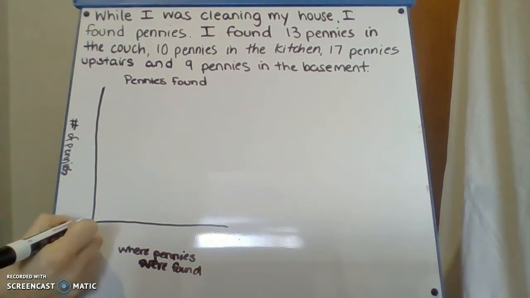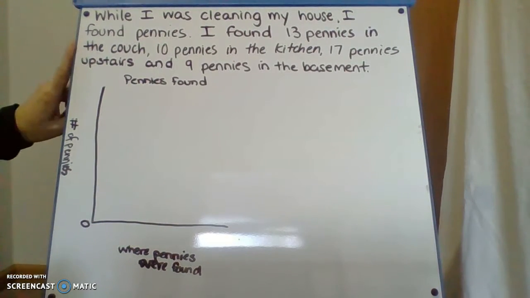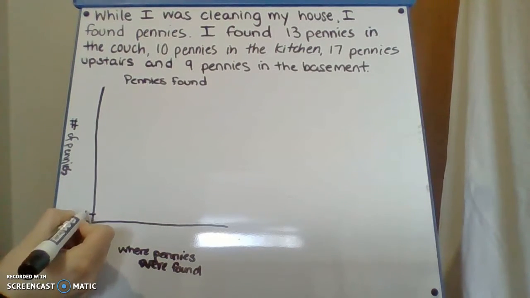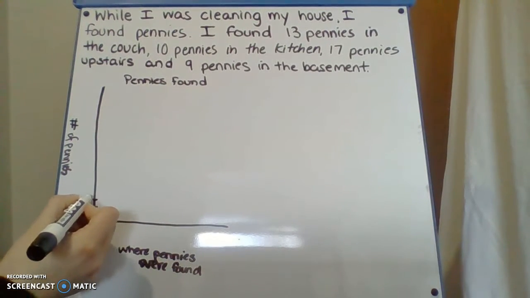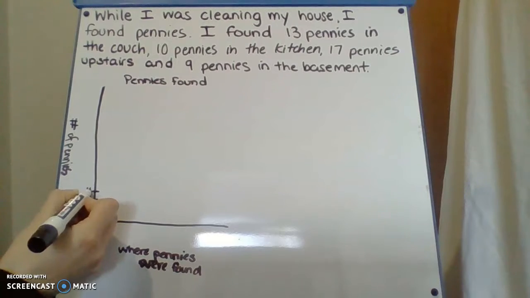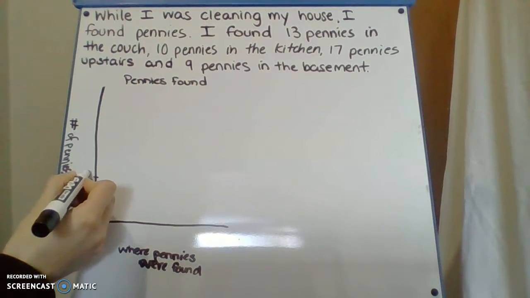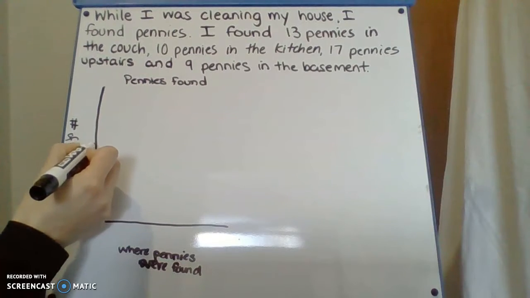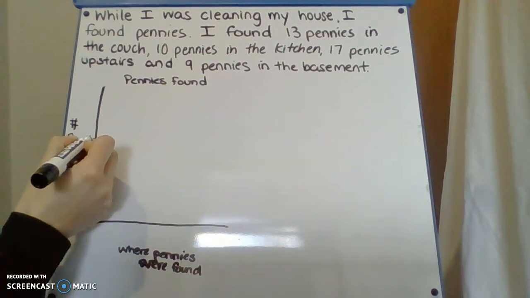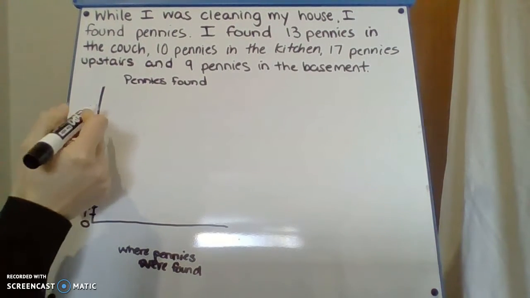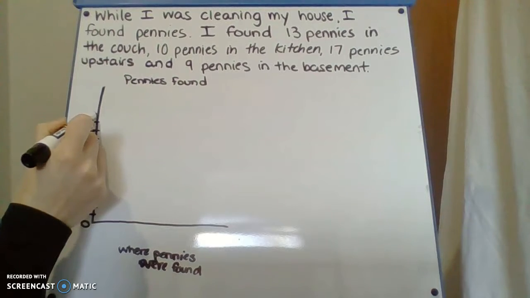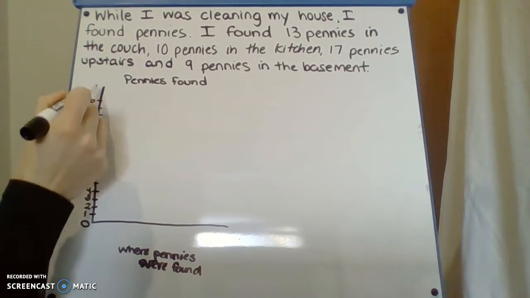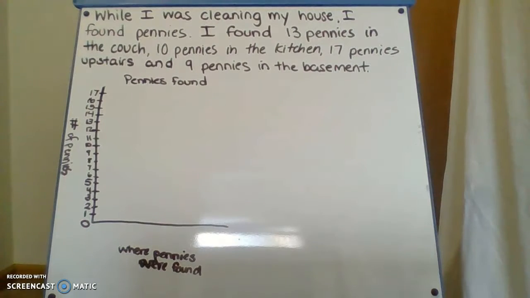It always starts at 0. I look, the highest number is 17, so I just have to make sure that I can get to 17. 2, 3, 4, 5, 6, 7, 8, 9, 10, 11, 12, 13, 14, 15, 16, 17.